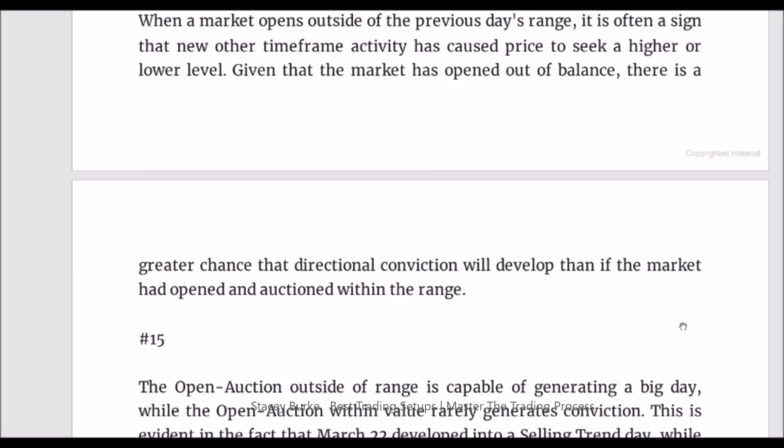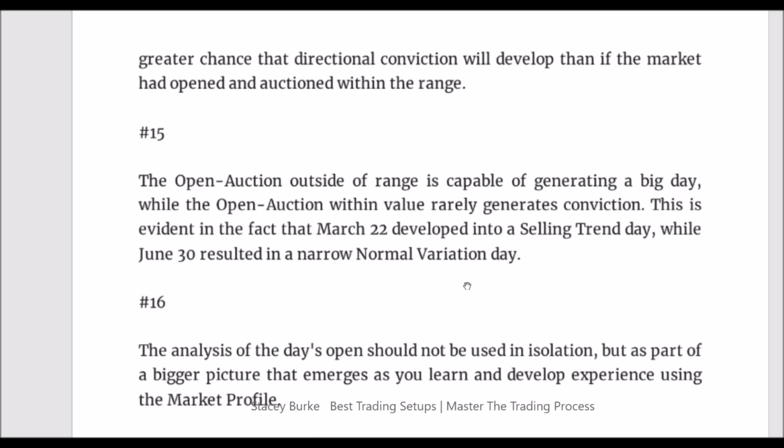The open auction outside of range is capable of generating a big day, while the open auction within value rarely generates conviction. So once a market breaks out and goes out of balance, there's a higher probability that it can continue to move strongly in the direction of the breakout, or it may reject that and reverse.